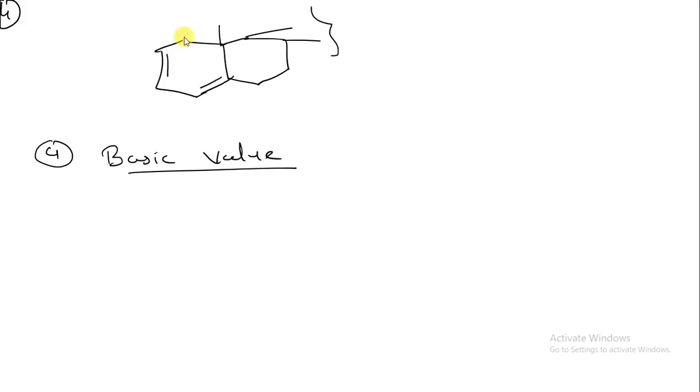So there is one ring, with double bonds present over here, so I have to consider this a homoannular diene system. You just have to write down in brackets homoannular diene system. So what will be the value?